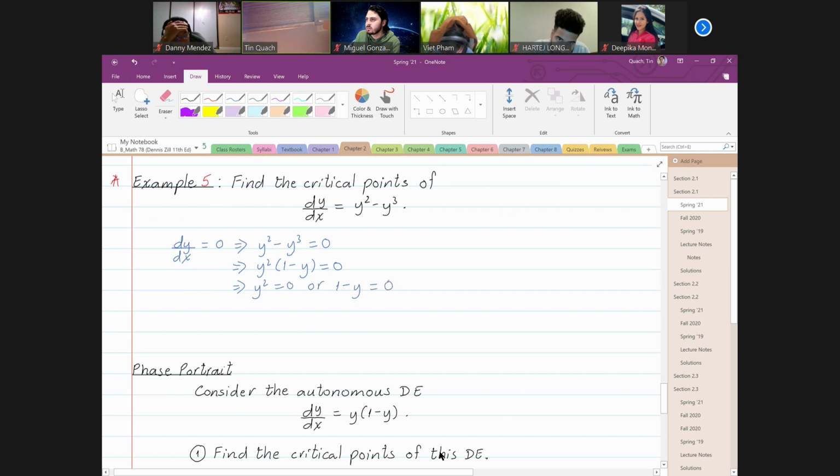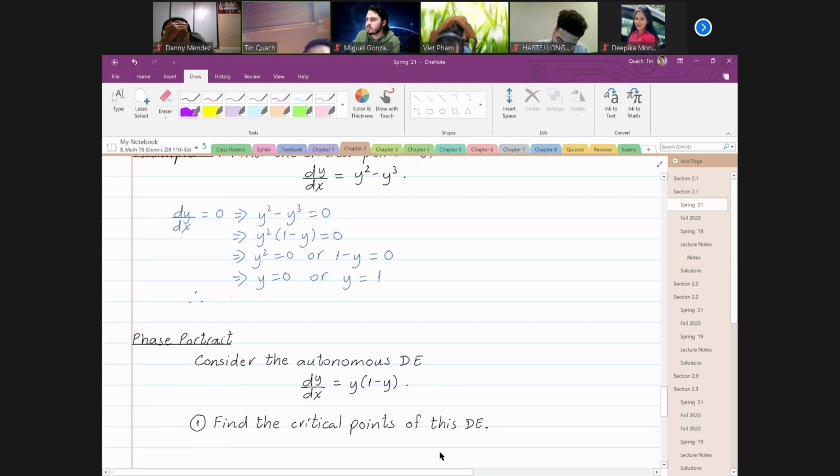Everybody should be able to tell what y is from here, but I like to show more steps, and that's fine. So y is equal to 0, or y is equal to 1. So there are two critical points here. Therefore, the critical points of the differential equation, not of y, but of the differential equation, are 0 and 1. Or you can say y equals 0 and 1. And then you can just box it.